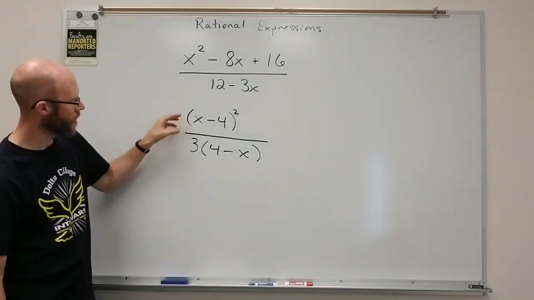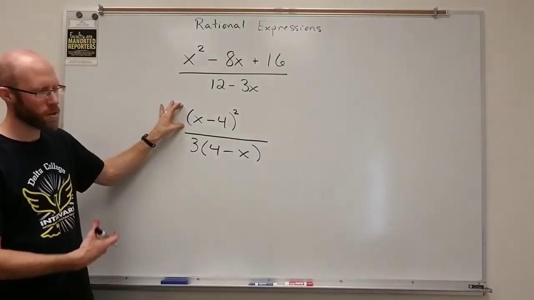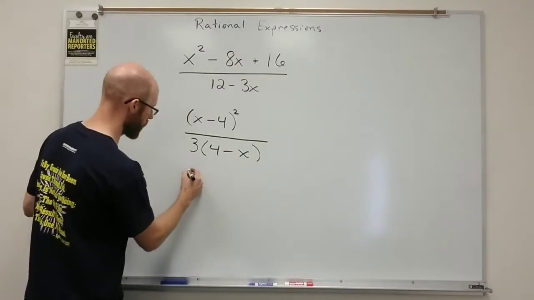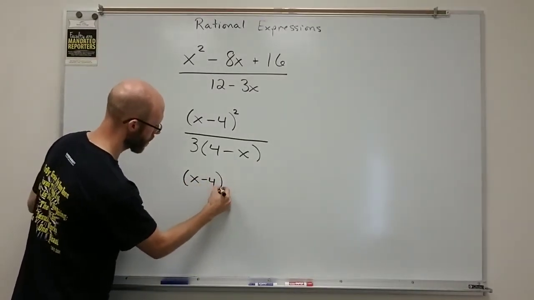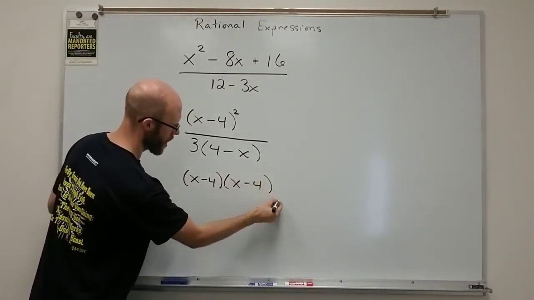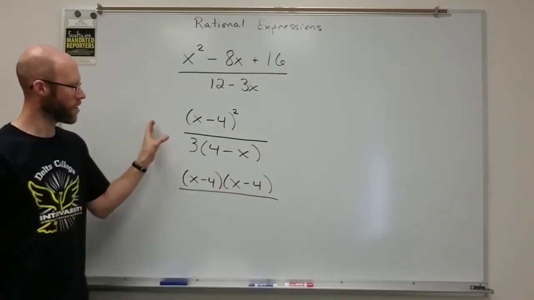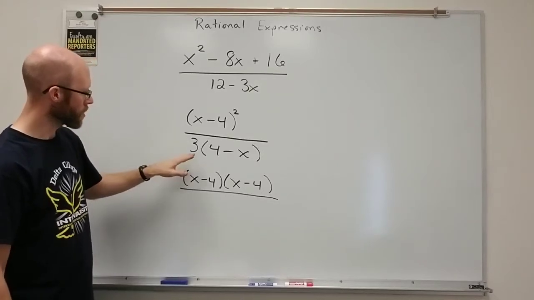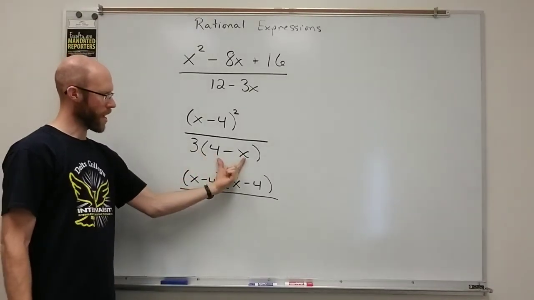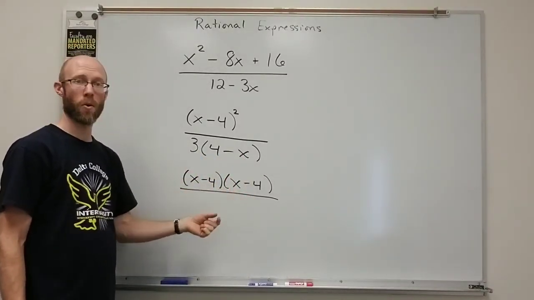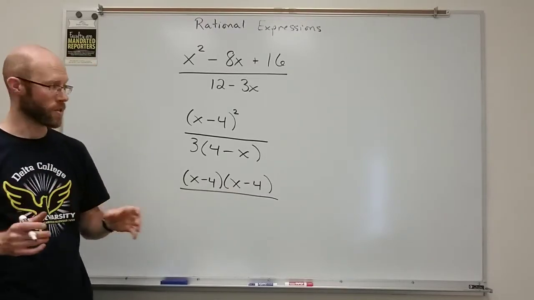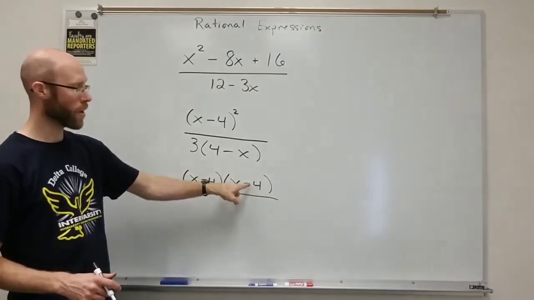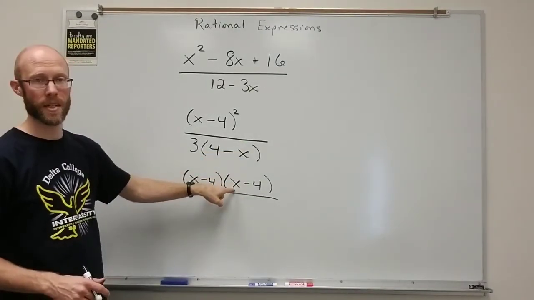To do that, on top here, maybe I'll just expand it to x minus 4 times x minus 4, just so you can see what's going on. It doesn't really matter as long as you're comfortable with reducing the exponent. On the bottom though, notice I have 4 minus x instead of x minus 4. The signs are different. So here I have a positive on the 4 versus a negative on the 4, a negative on the x versus a positive on the x.